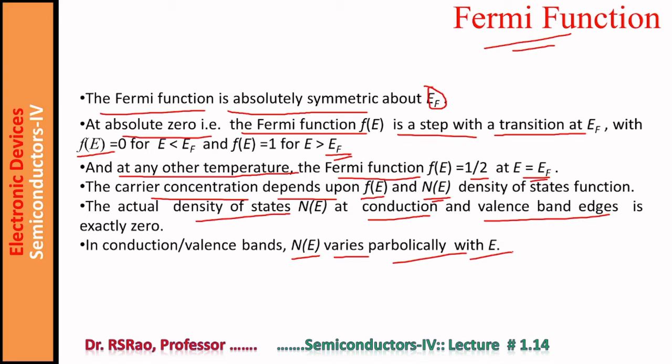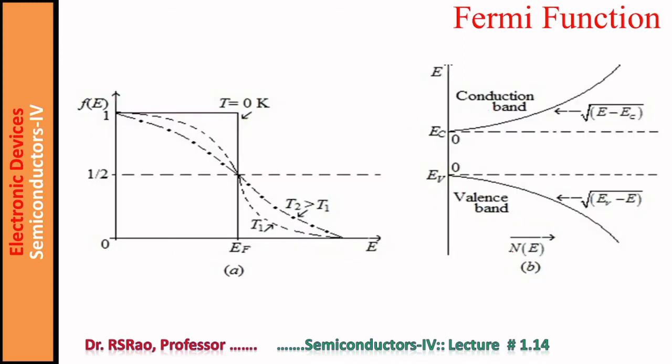Hence, conductivity is ultimately dependent upon the Fermi function and Fermi energy levels, apart from other parameters. So they have certain special significance, Fermi function and Fermi level. That's why they are being mentioned here.